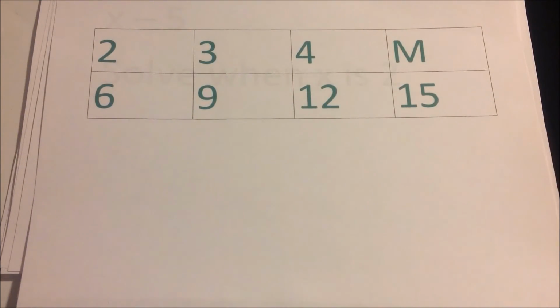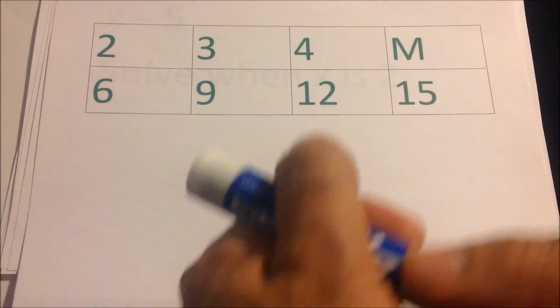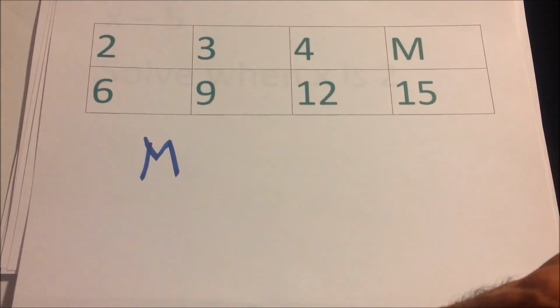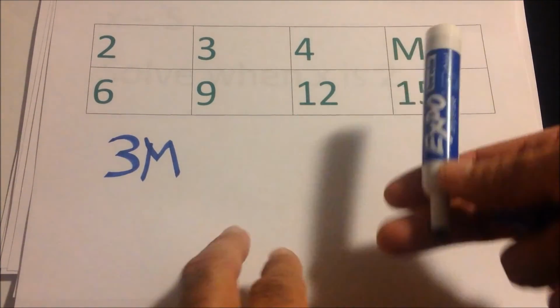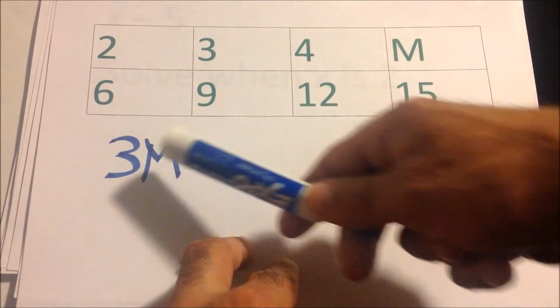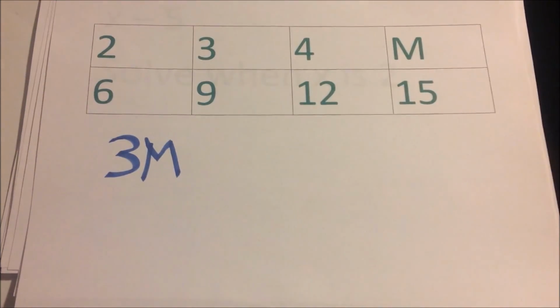Now, let's say I wanted you to make an algebraic expression with this. Well, what are we doing with m? We're multiplying m by 3. So there it is, 3m. And obviously we know that m must be 5 because 3 times 5 is 15. But this is the expression. Okay, great job.